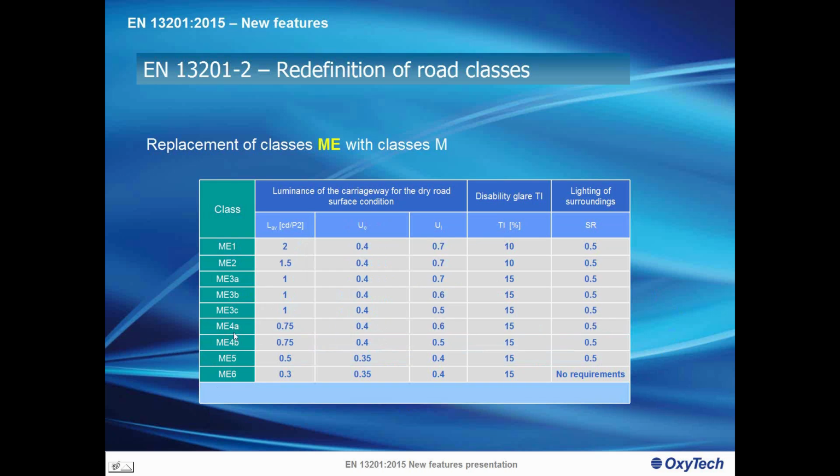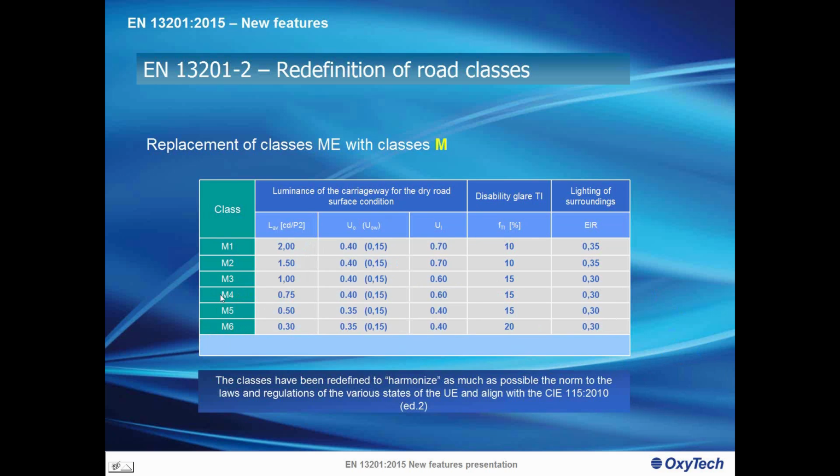The same was done for the ME4 classes, which were split into A and B, and now we have a single class with 0.60 as longitudinal uniformity.